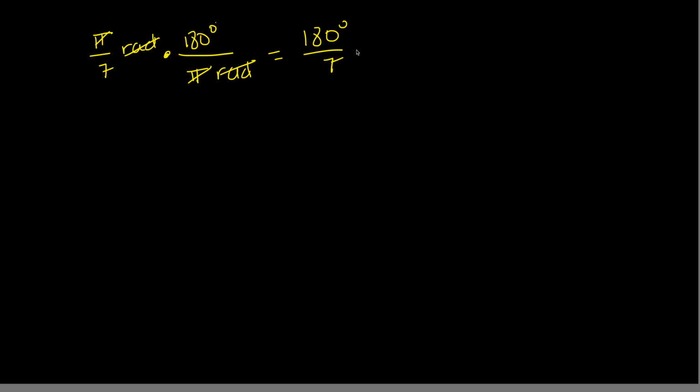So we get 180 divided by 7, which is a decimal, approximately 25.714. Or if we want to do, let's say, 75 degrees. Again, I usually put this here because you have radians in this line. I can do it up here too.